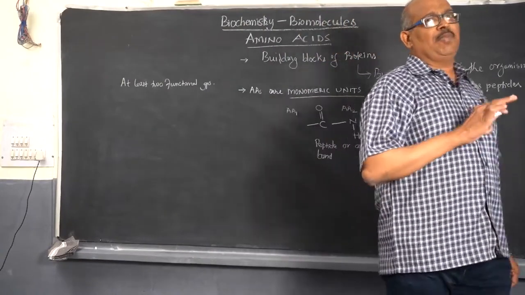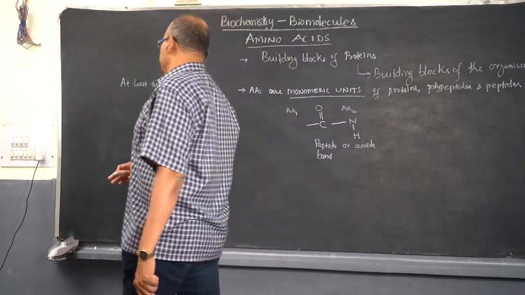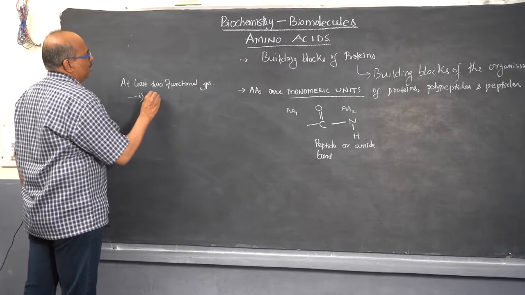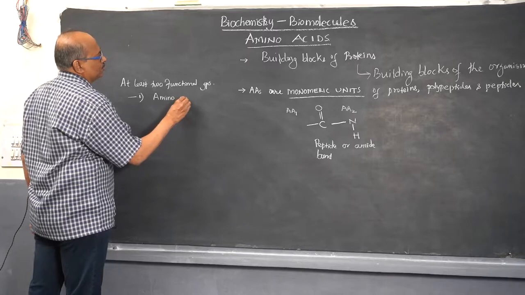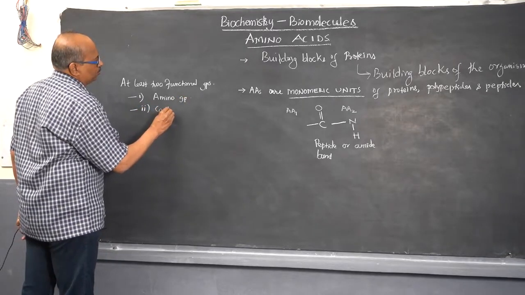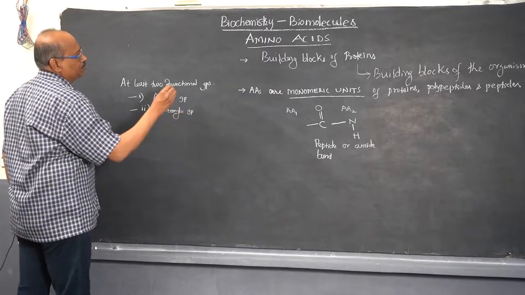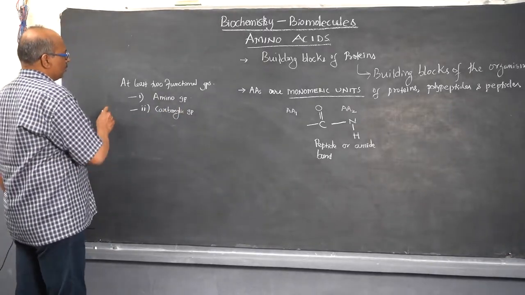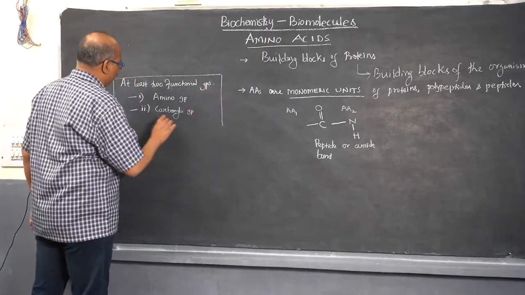Other amino acids may have additional functional groups. The 2 functional groups are an amino group and a carboxylic group. So these 2 groups we find in all the amino acids.